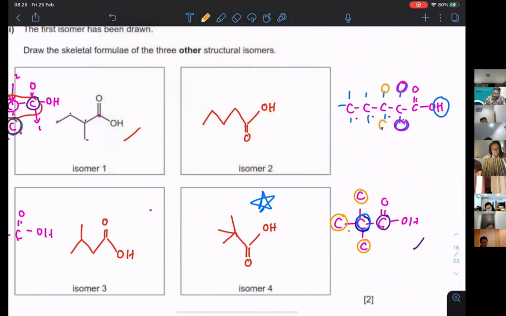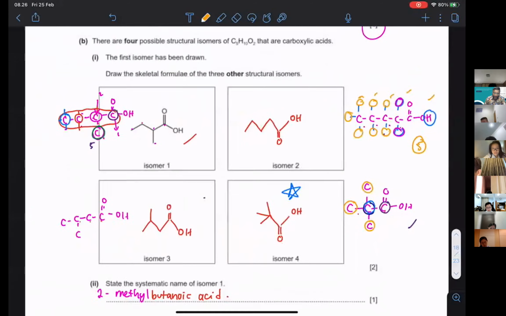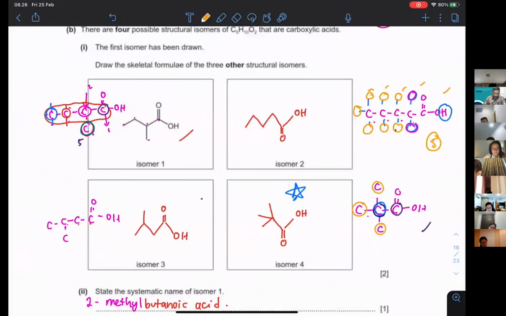This is going to be another new environment. This one, another new environment. This one, another new environment. I don't think so. 1, 2, 3, 4, 5. 5, we want 4. This one no need to do.